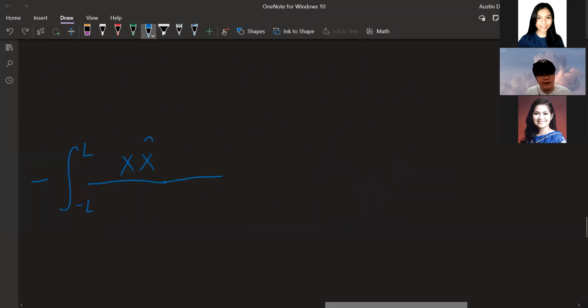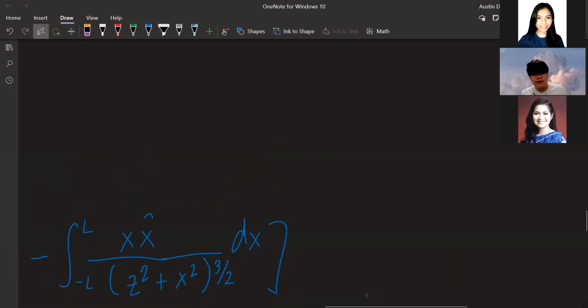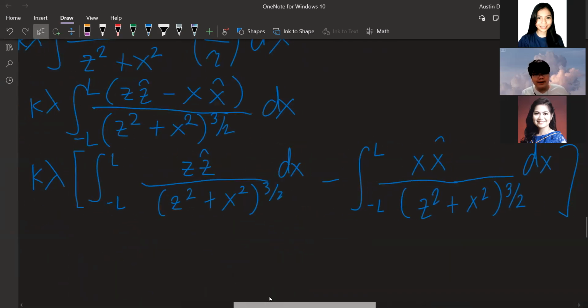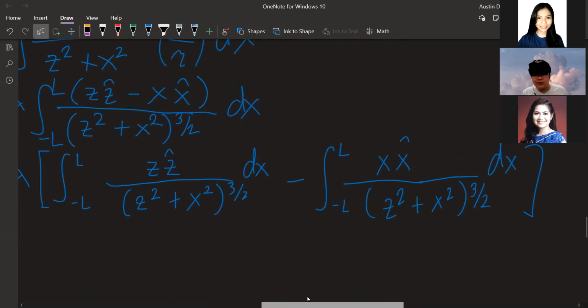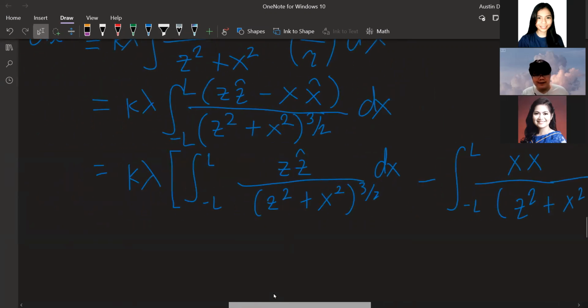Oops, sorry, ano ginagawa ko? Pangit naman. dx, and then the denominator, Z squared plus X squared to the 3/2. And then we'll close the thing. Okay, now we have 2 hardcore integrals. We're then just gonna check dahil hindi ko abisado itong mga integral natin.